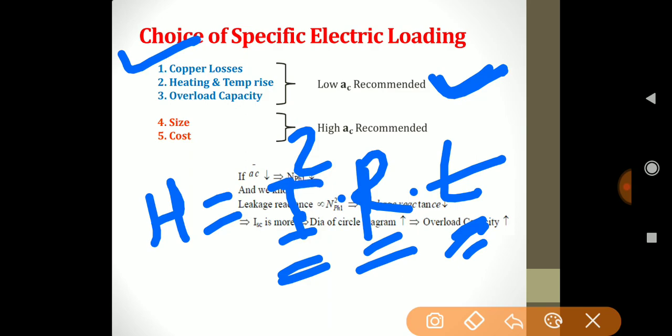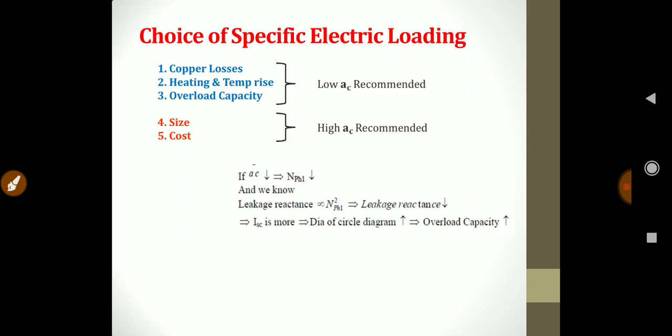If I increase the value of AC, current is going to increase, and heat produced is going to increase. Hence, to avoid heating and temperature rise, we should have low value of AC. Overload capacity, again, is related to the circle diagram. If you want better overload capacity, AC value should be as low as possible.